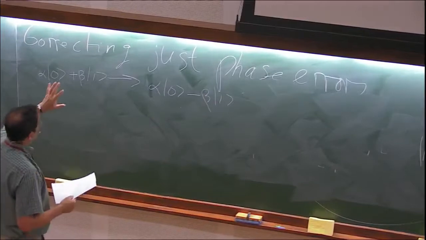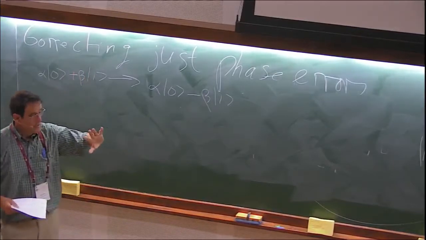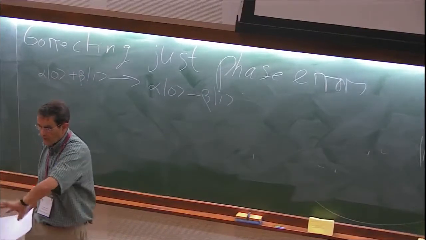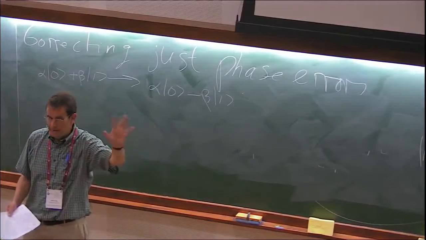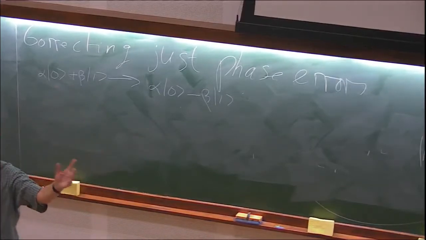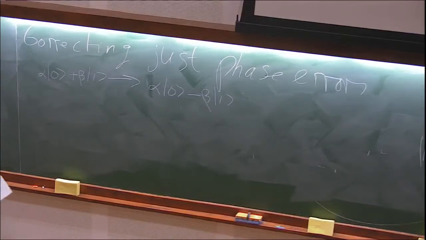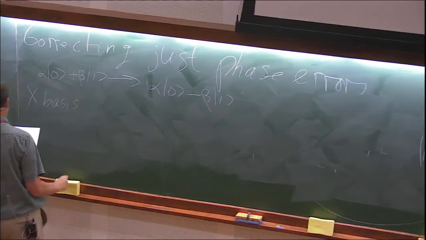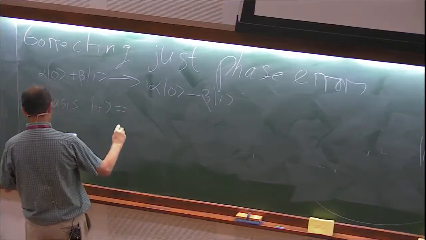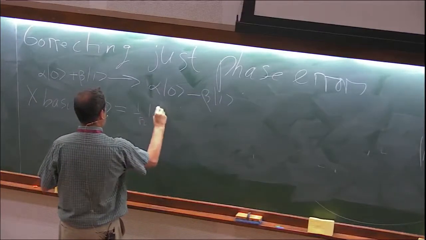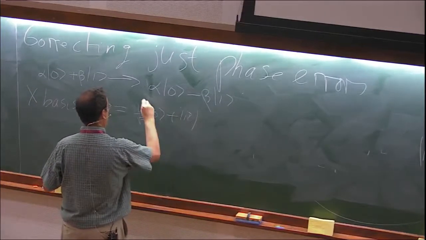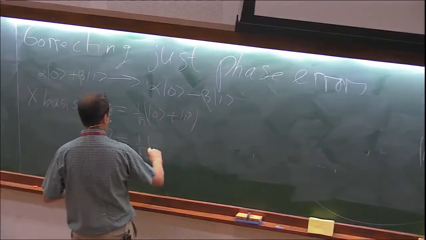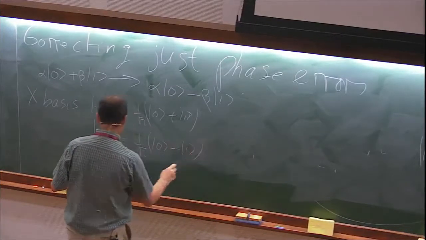So the point I'm now going to make is that if instead of using the z basis, which is what we've been doing, we go to the x basis, then in the x basis, this is just like flipping the bit. In the x basis, you remember we discussed these are what you get by the Hadamards, plus equals 1 over root 2, 0 plus 1, and minus is 1 over root 2, 0 minus 1.